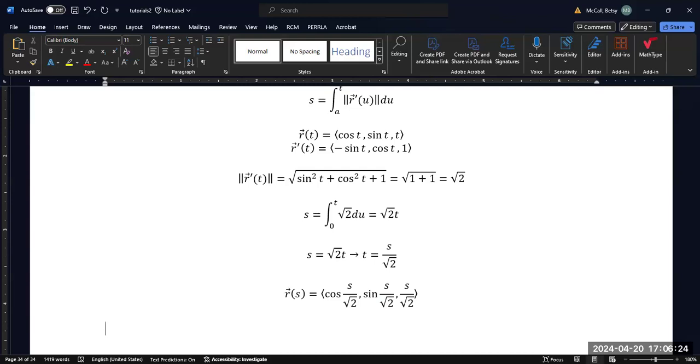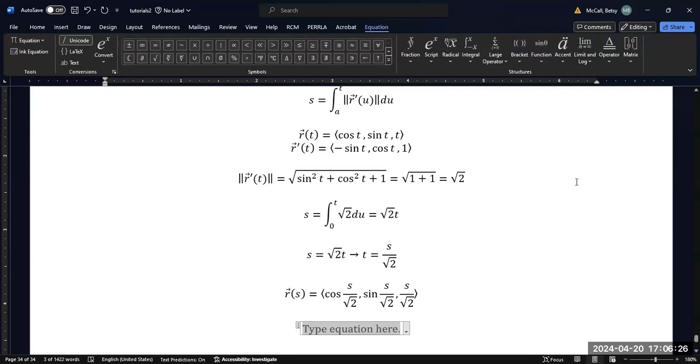Let's try something a little bit messier, but I think is still solvable. That's going to be t squared and t cubed, in either order, it doesn't really matter.